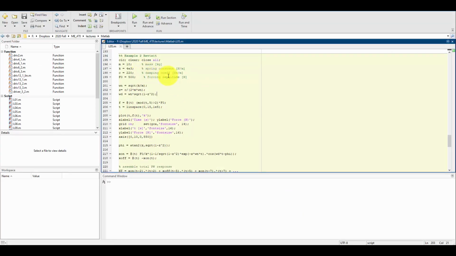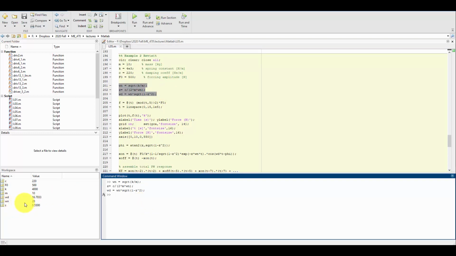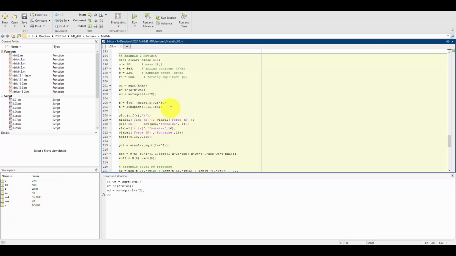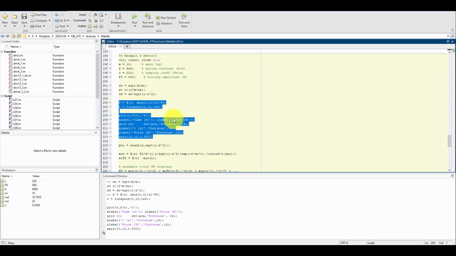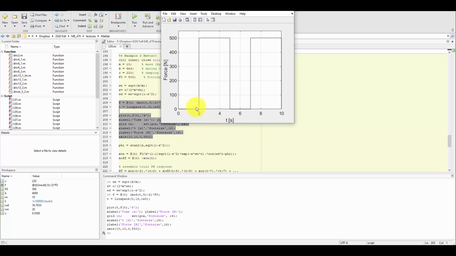In the MATLAB now, I have my parameters that I will put in, and solving for those other parameters, natural frequency, zeta, omega d, just to check those values: zeta, omega n, omega d, those are going in correctly. And I do have the original forcing just to make sure I'm doing this correctly. And this looks like what it did the first time, 0 up to 500 down to 0.